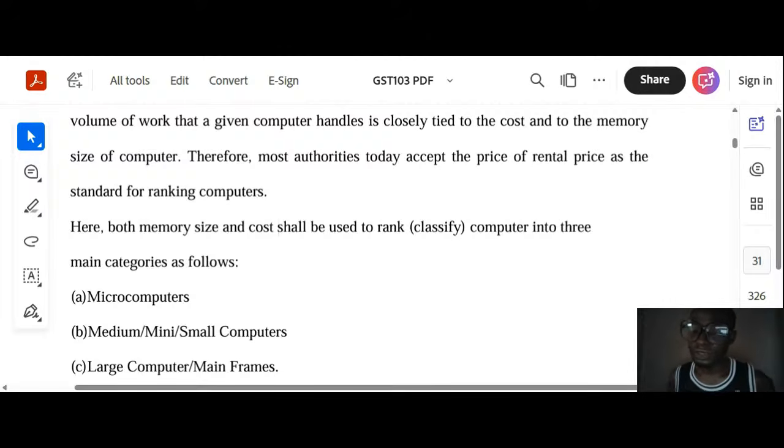I have a question for you guys. Kindly answer it. Everybody online, let's see if you are following. The question says: both dash and dash shall be used to rank or classify computers into three main categories.